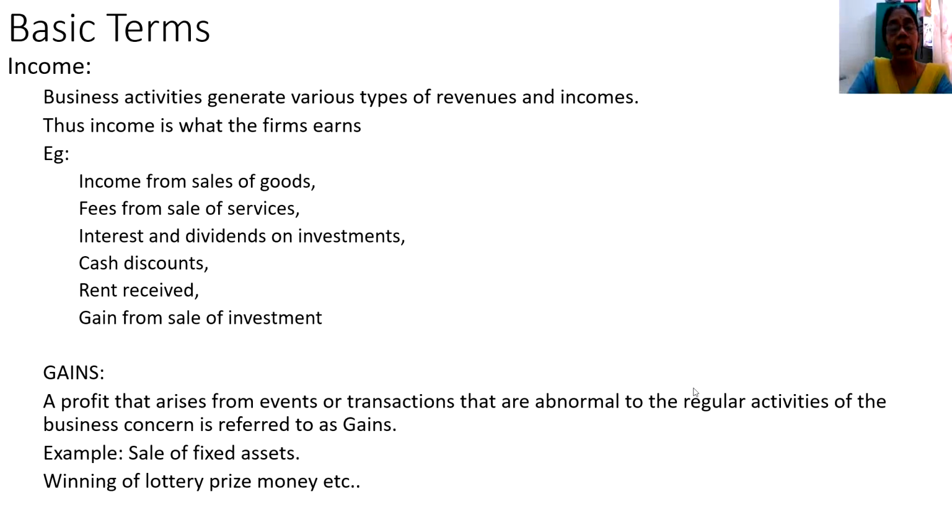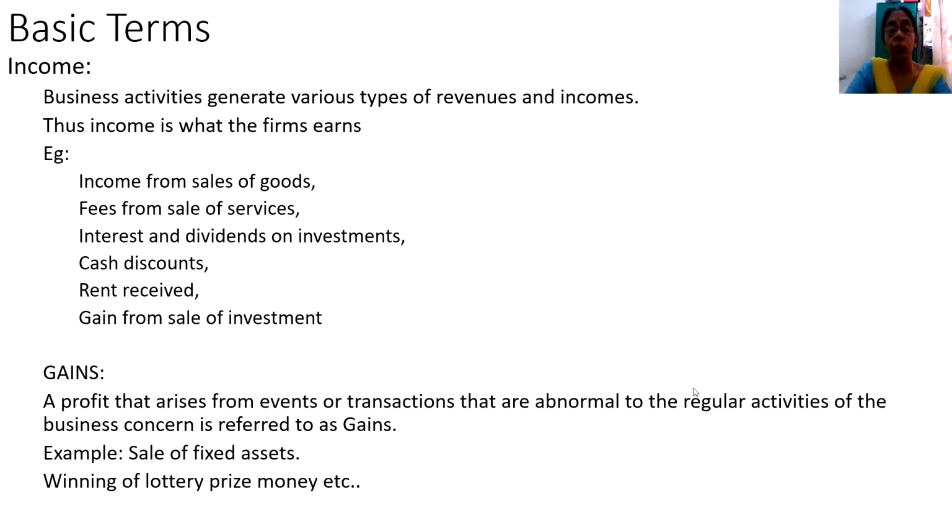That is, there are certain abnormal transactions which result in extraordinary revenues coming into the business, and these are termed gains for the business concern. You take for instance the lottery prize received. Now lottery is not the regular business. It is a stroke of luck that we have received lottery money. Every time we cannot foresee receiving lottery money.